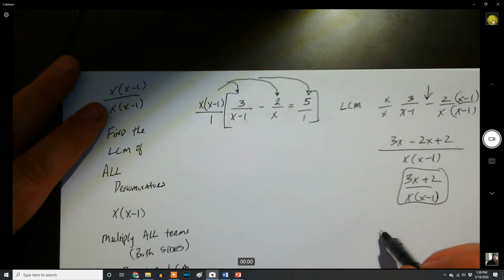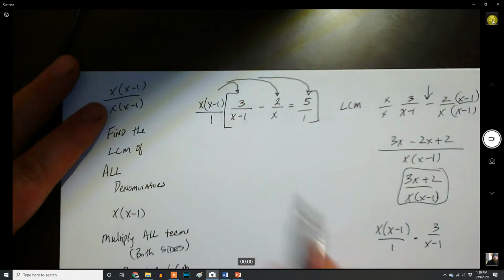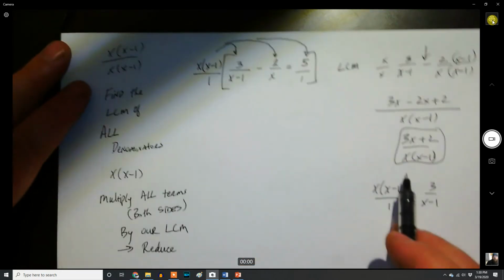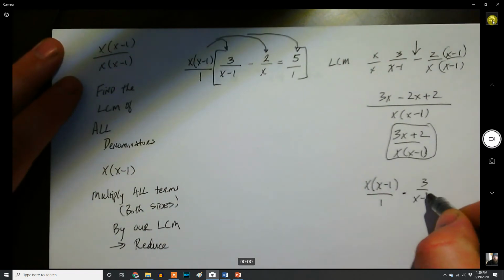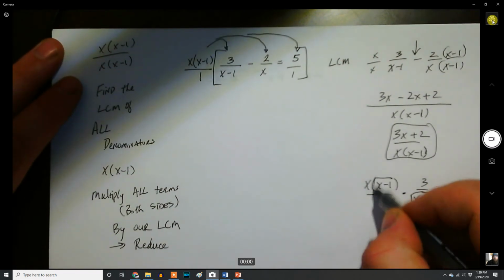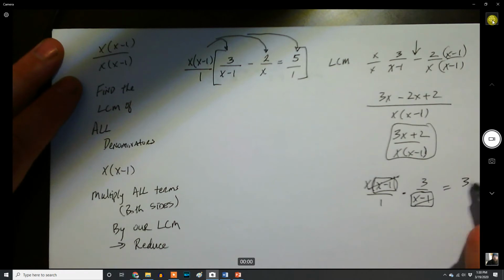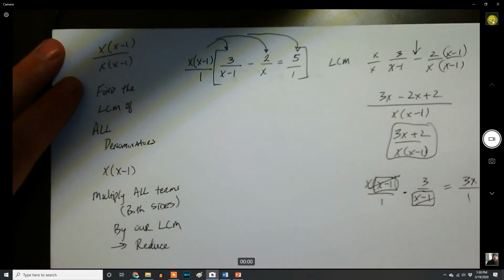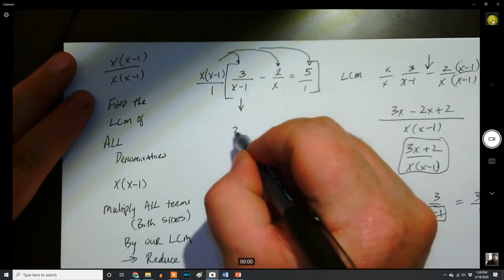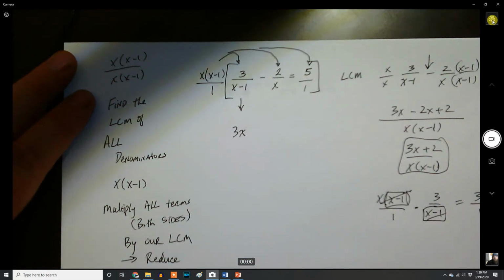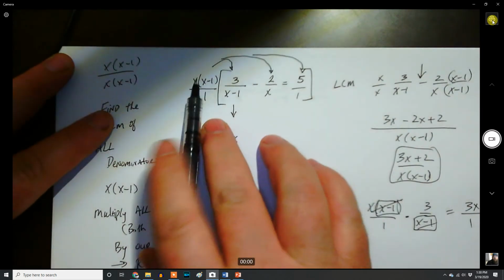We'll do the scratch work over here just for now, right? Here's what we got, right? This times this, we're going to do it right here. You see? So what ends up happening is these two things reduce, and you're left with 3x over 1. So I'm just going to write 3x. When I do the same thing over here, do you see what's going to happen?